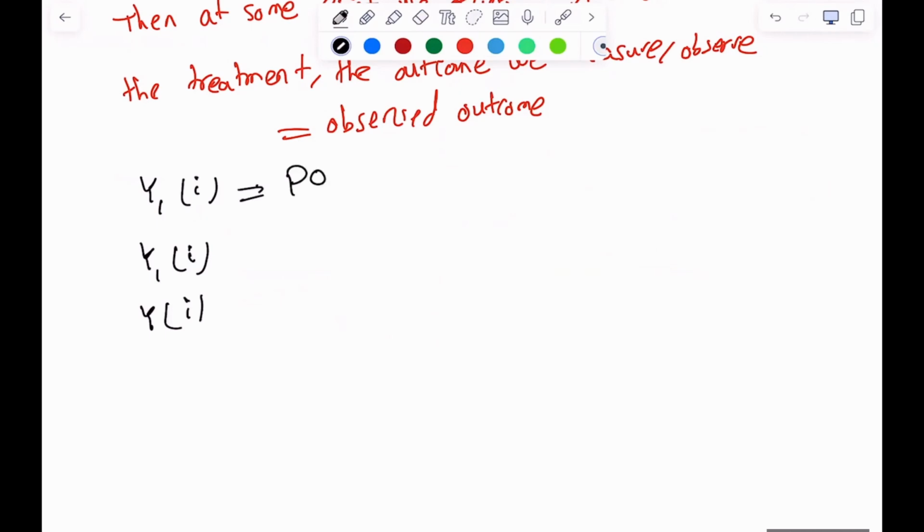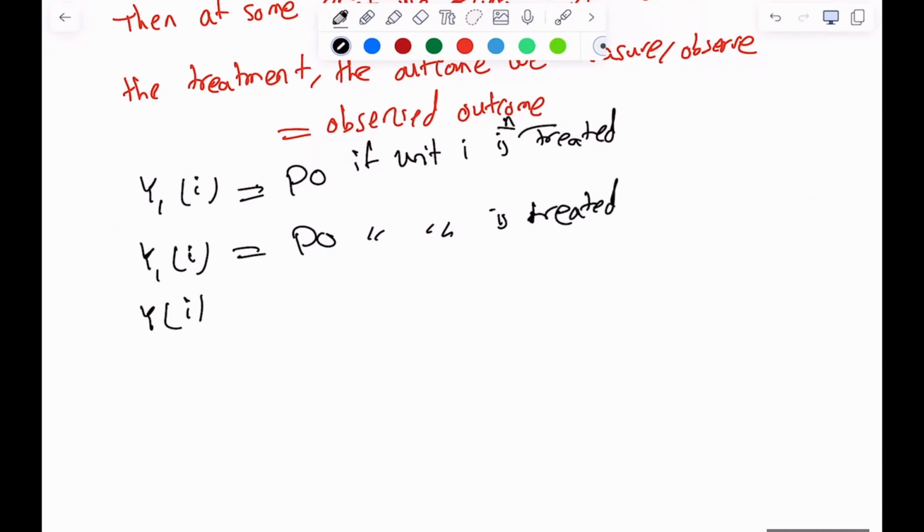So this is the PO if unit I is treated, individual I is treated. PO is not treated. Is not treated, and this is observable. Right?